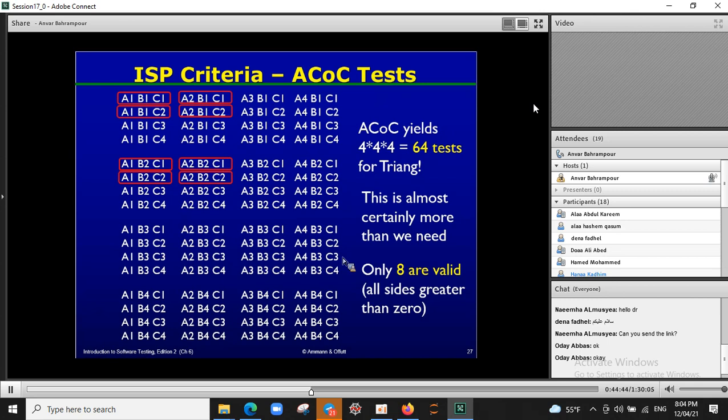And testing one of them is enough for our purpose. There is no need to test any other of them. All of them are of the same type. Okay, so all combinations coverage, ACoC coverage, is an exhaustive coverage, and it is not applicable for complex programs.